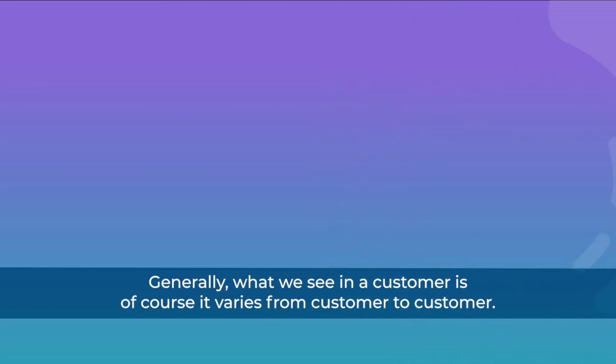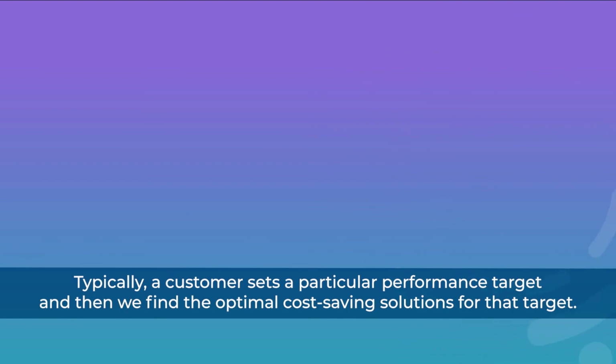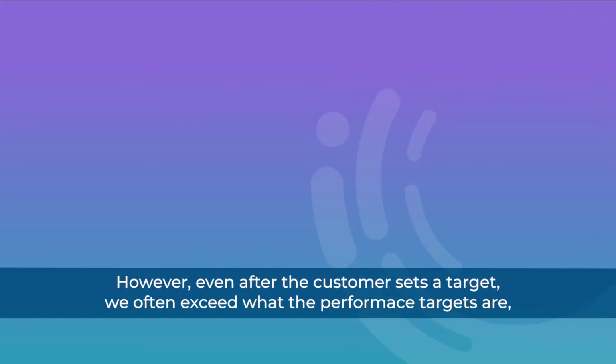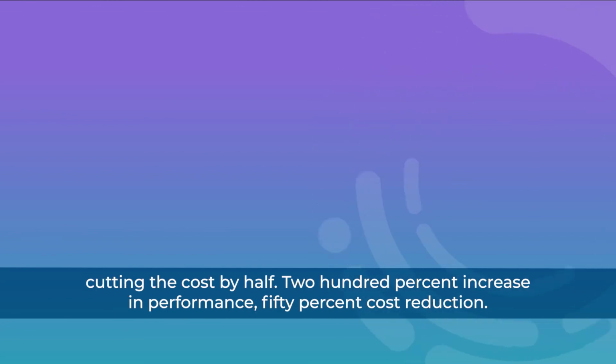Generally, what we see varies from customer to customer. Typically, a customer sets a particular performance target, and then we find the optimal cost-saving solutions for that target. However, even after the customer sets a target, we often exceed the performance target, cutting the cost by half.